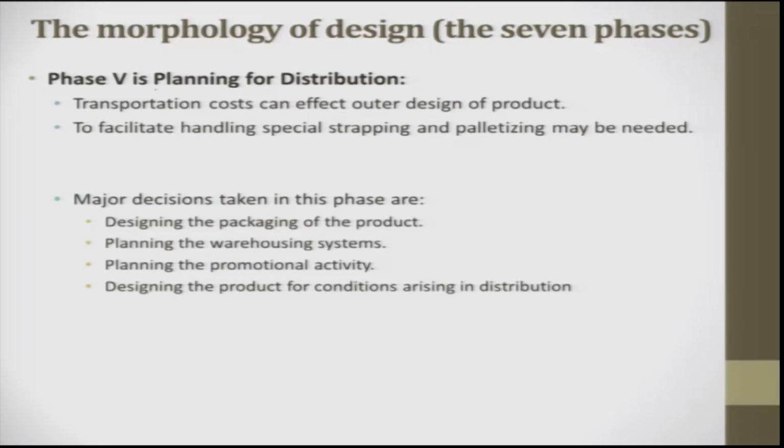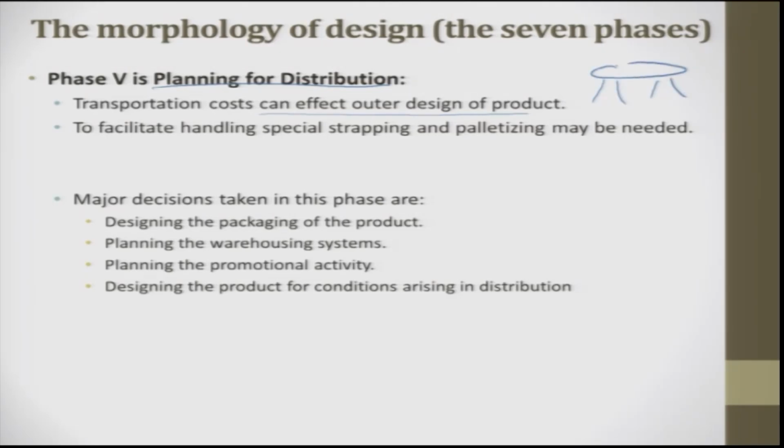The 5th is planning for distribution. Fifth is, how will I transport this part from the production plant to the retailers. So, that is planning. The transportation cost can affect the outer design of the product. Just a simple example, as I said in the last class, a table.